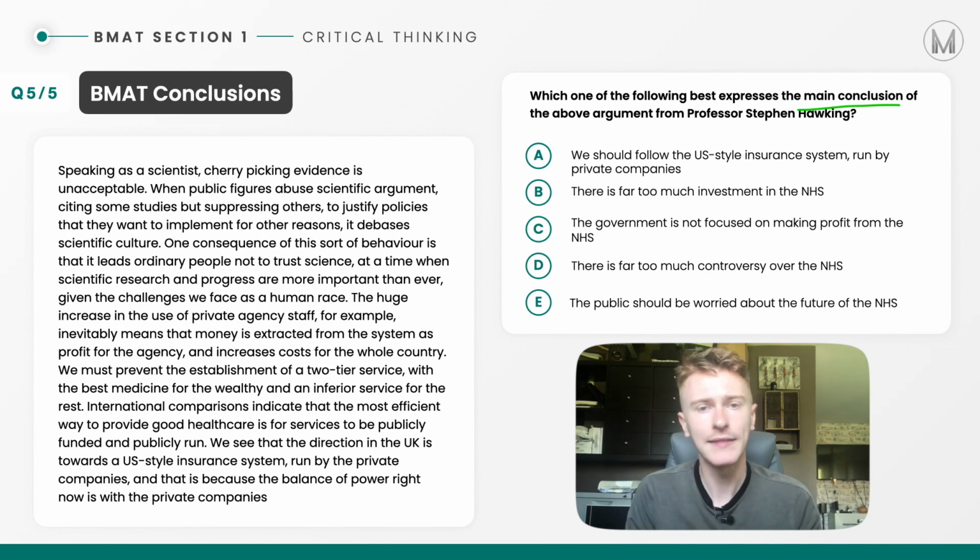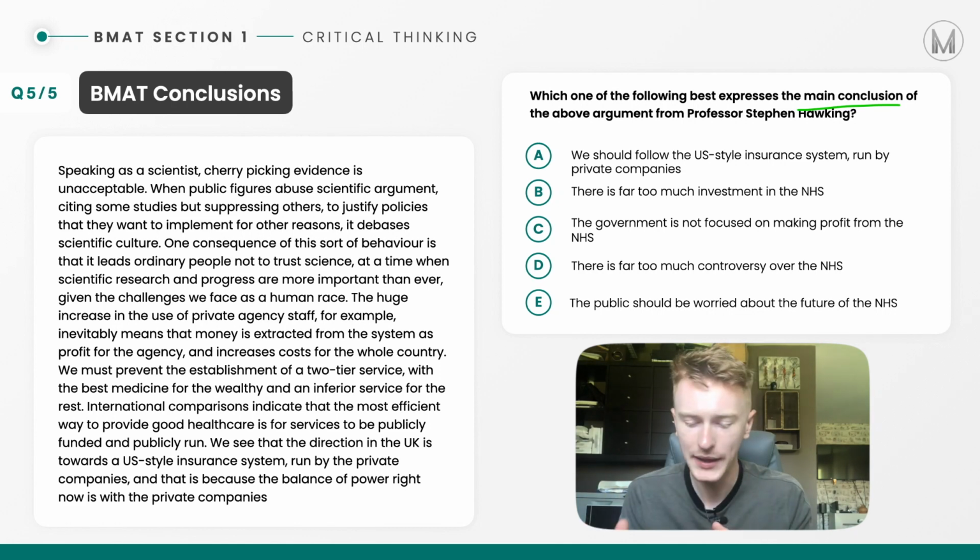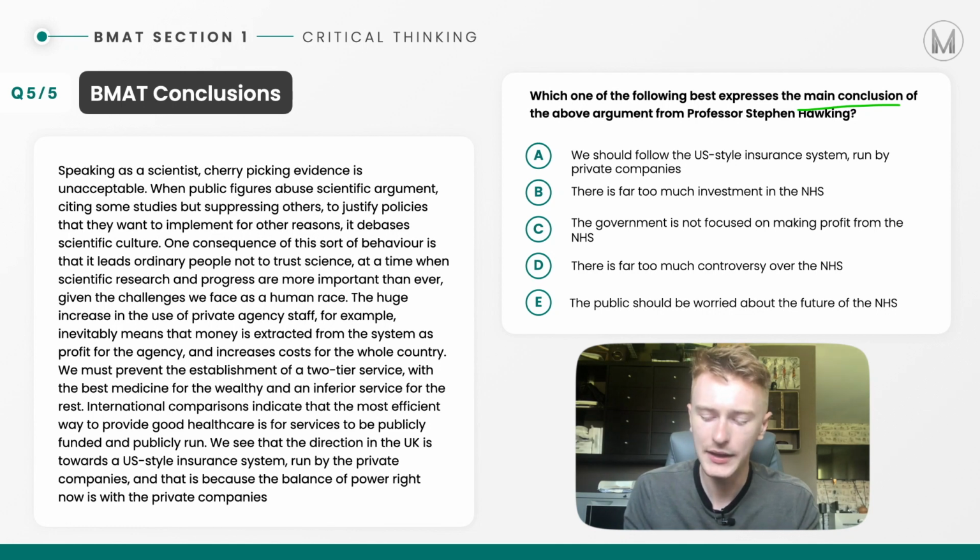And by sprinkling in those keywords throughout the argument, that seems to reaffirm that the conclusion will be something to do with this sort of broader picture of private versus public, and particularly the idea that money is being extracted from the system as profit. So it seems altogether, by use of the word extracted, by use of the recurrent public versus private debate, we can see that Stephen Hawking is viewing this very negatively, and he doesn't want this private system.